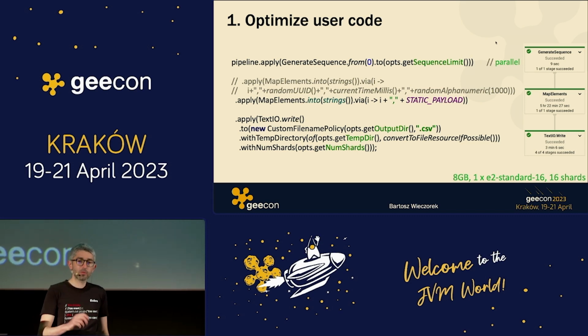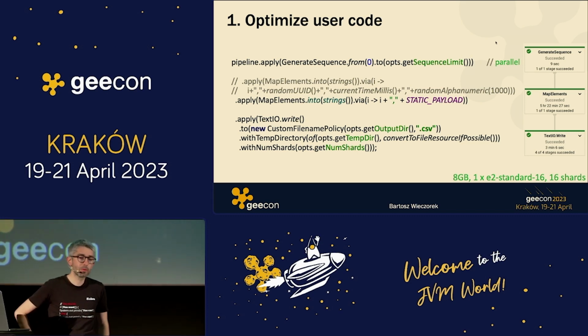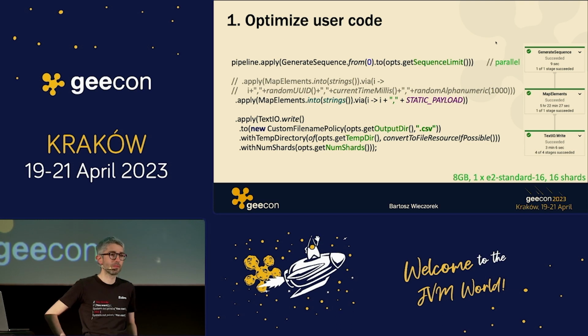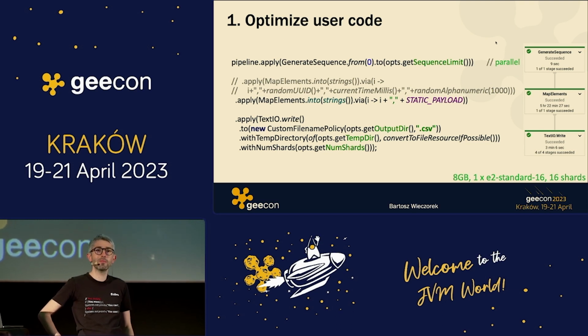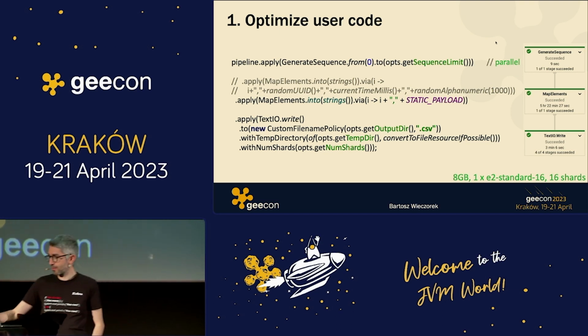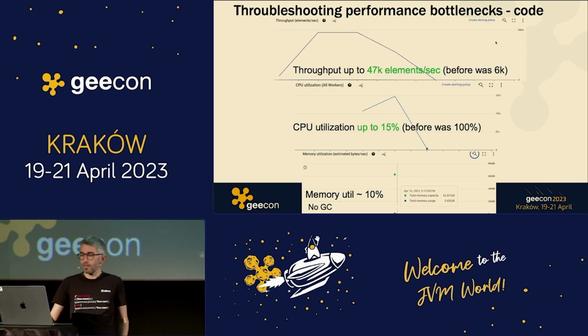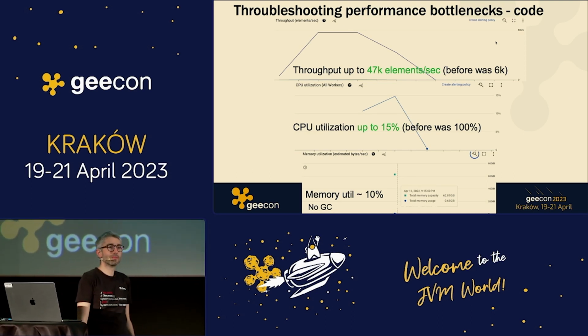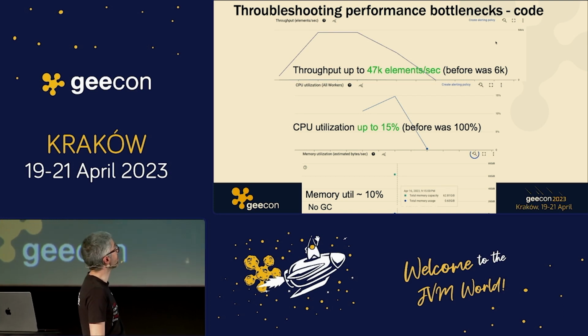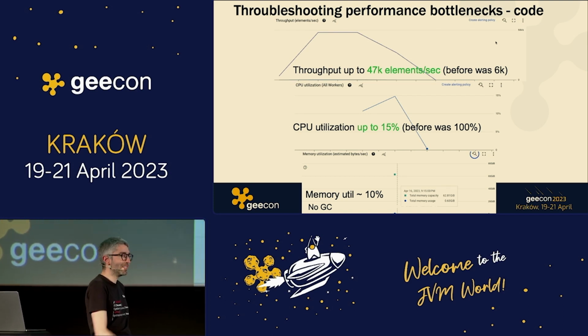Try to guess what would be the throughput of the pipeline. Before it was 6K. Now can be? Okay, close. 47K, just with that simple change. The throughput has increased from 6K to 47K. Interesting.